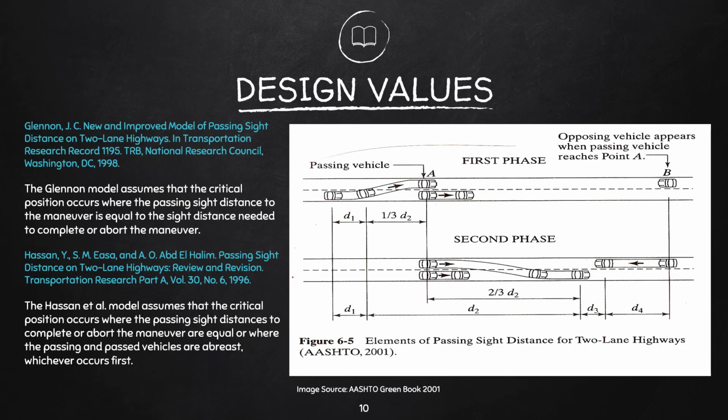In this image, this is the passing vehicle because it is the one that will overtake. And this one here is the passed vehicle because that is the one being overtaken by the passing vehicle. And at point A here, these two vehicles are abreast, meaning they are side by side. Okay?